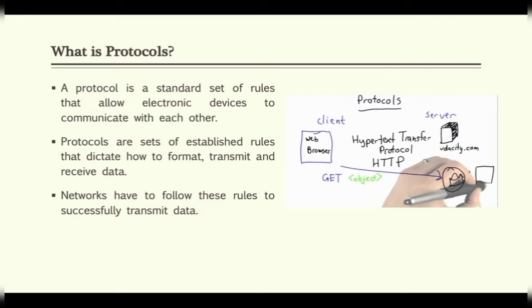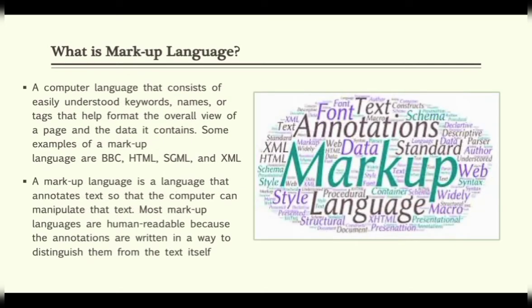In this, we need to know about what is markup language, because the markup language supports creating the web content. It is a computer language that contains easily understandable keywords, names or tags that help to format the overall view of the web page.